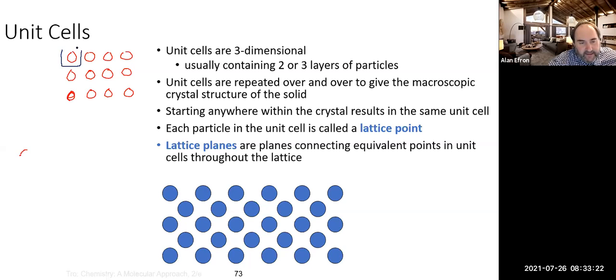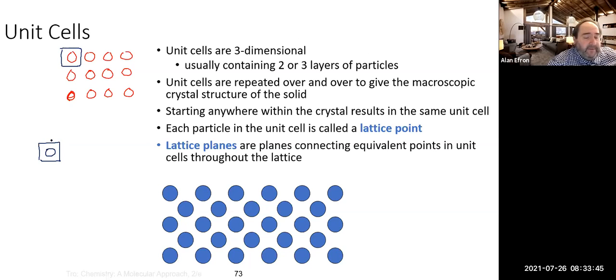Just grab this one, and that does give a lot of information. If we chose that as our unit cell, we would have a unit cell with basically a whole atom in there. You may think that's a very good choice, and in this case, it's actually a bad choice.